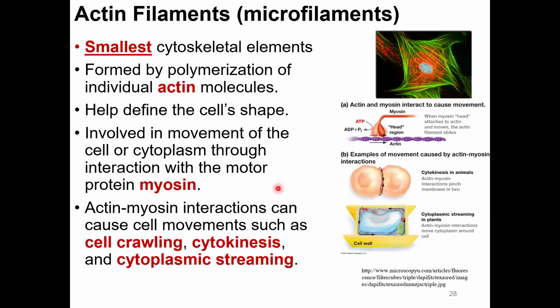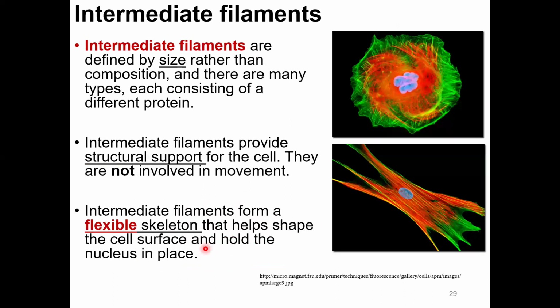They want to go together. And actin myosin interactions cause cell movements such as cell crawling, cytokinesis, and cytoplasmic streaming. So these are some examples of how they interact, and what actions they play.